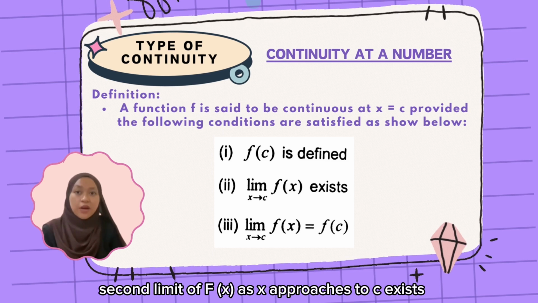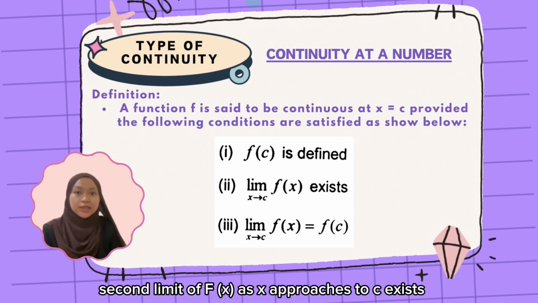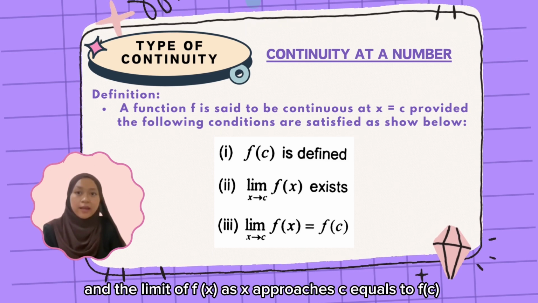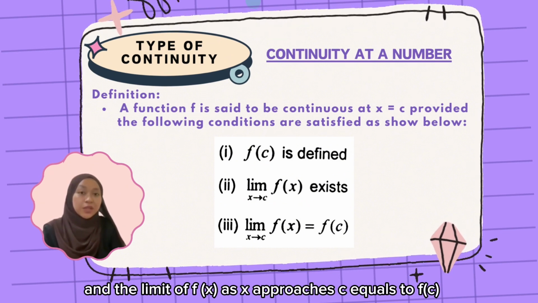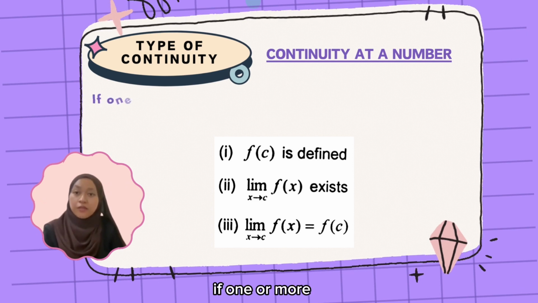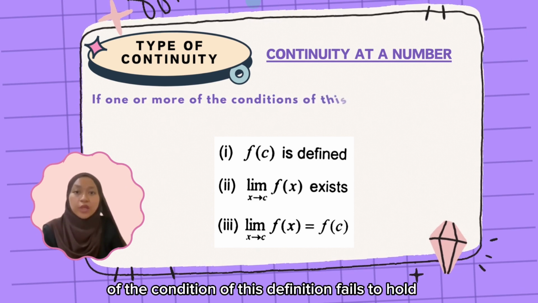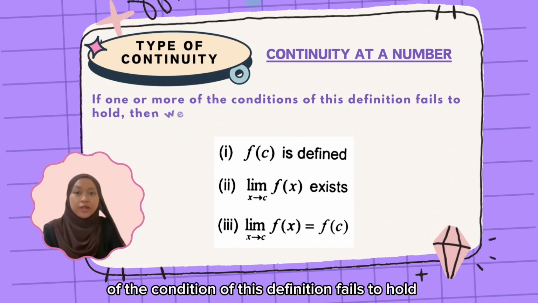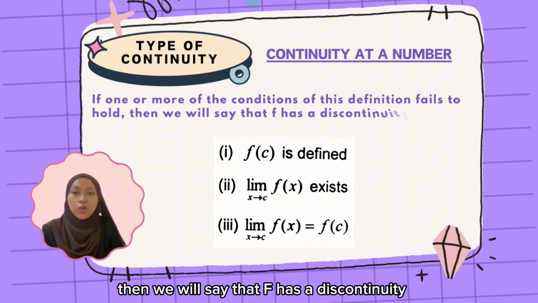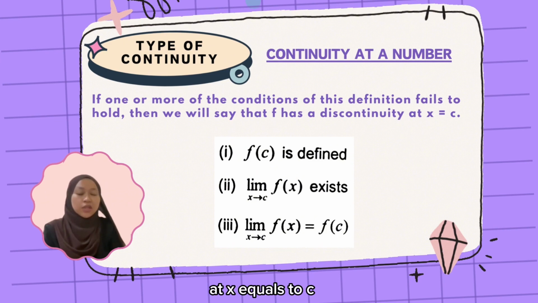Second, the limit of f(x) as x approaches c exists. And the limit of f(x) as x approaches c equals f(c). If one or more of the conditions of this definition fails to hold, then we will say that f has a discontinuity at x = c.